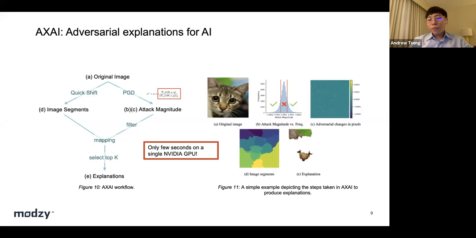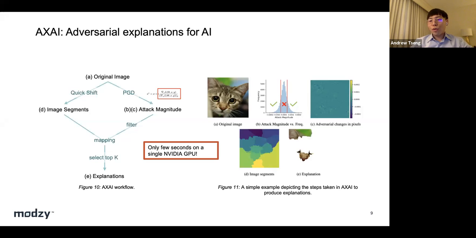Finally, after we go through figure 11A, B, C, and D, we do the mapping. This mapping process stacks figure 11C on top of figure 11D. So now you could imagine that there are attacks all over these segments. We start to count the attacks on those image segments, and we pick maybe the top 3 or the top 2, which is up to the user.